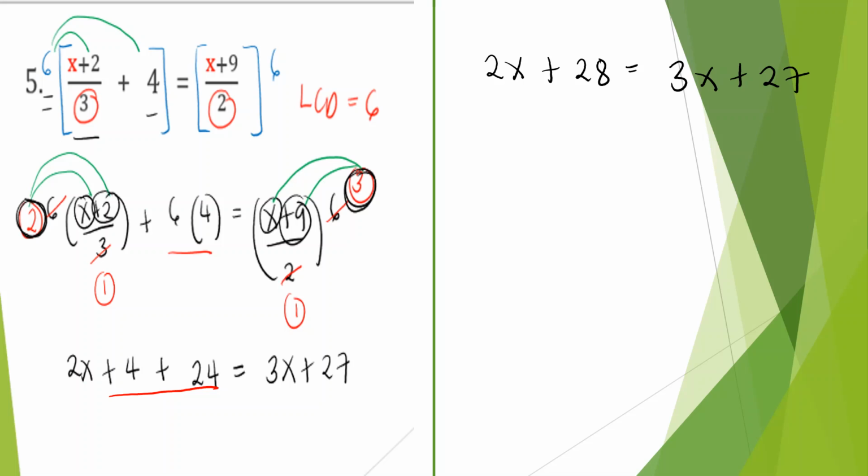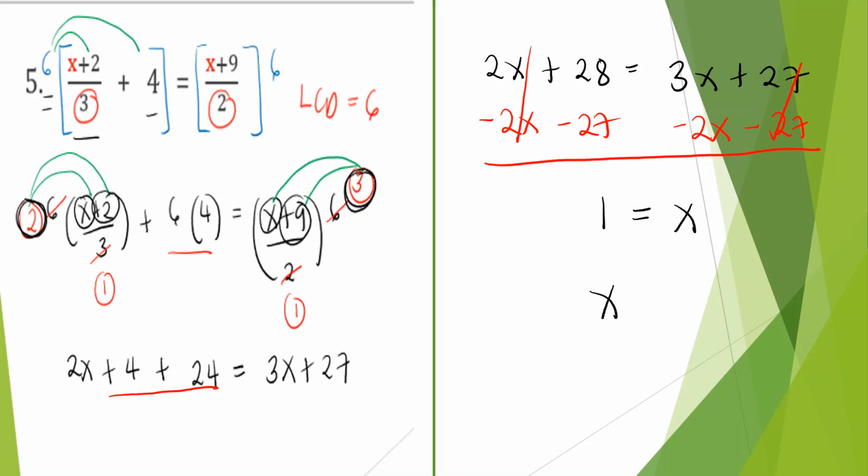Next, let us add negative 2x to both sides of the equation. Cancel. Then add negative 27. Cancel. So we have positive 28 plus negative 27 is positive 1, which is equal to 3x plus negative 2x is x. So x is equal to positive 1.